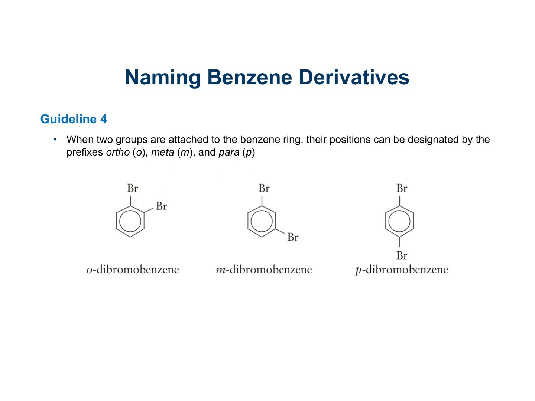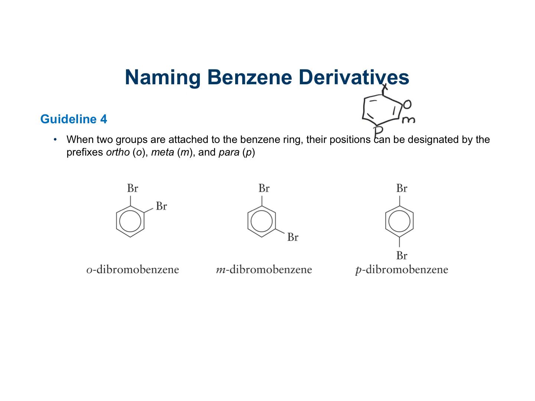Now, the 4th guideline is when you have 2 prefixes that are attached to a benzene ring, their positions can be designated by either numbers or ortho, meta, and para. I remember this when we look at this as if you've got something attached here at the top, it would be OMP, O-M-P.